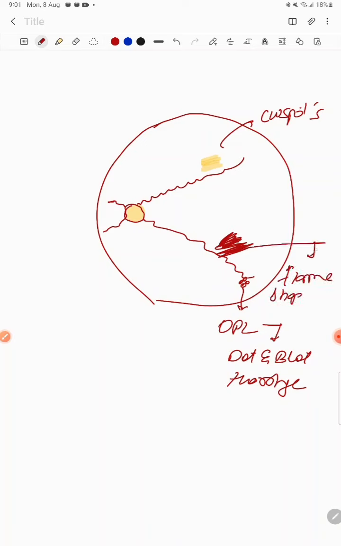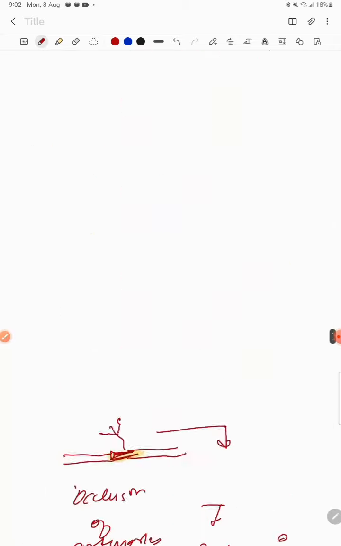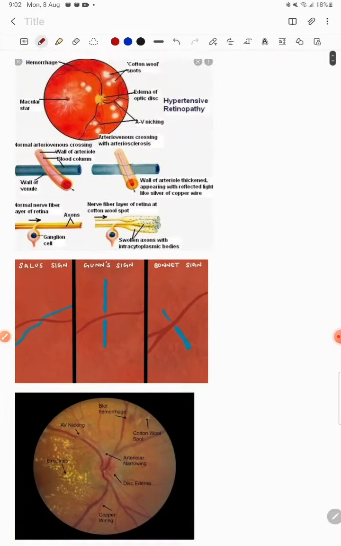And these arteries will leak small lipid out, which is called hard exudates. Okay, so this is the picture of hypertensive retinopathy.